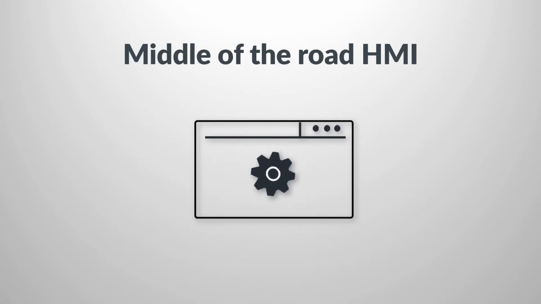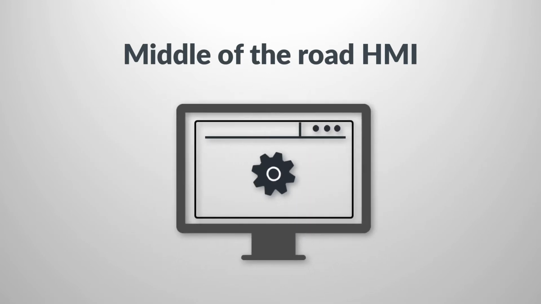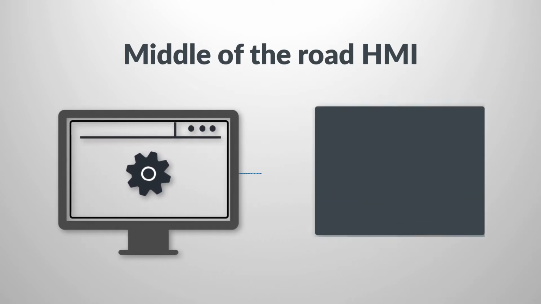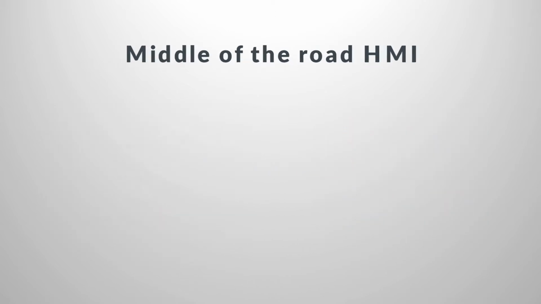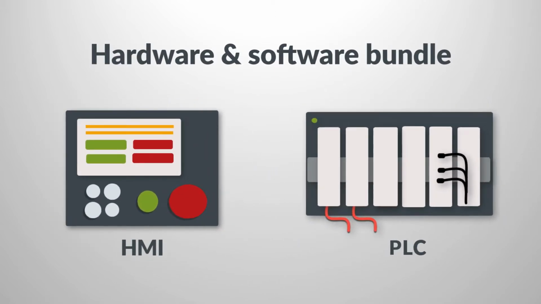Typically, the software is configured and written on a development PC and then downloaded to the HMI, with each HMI including the runtime. With the HMI and PLC from the same vendor, the software for the HMI may use the same development platform as the PLC programming software.